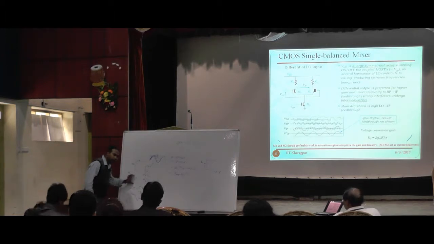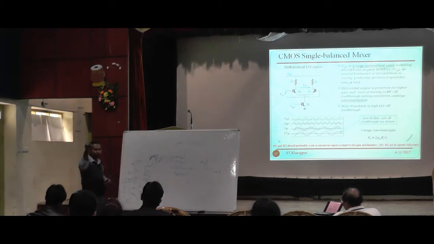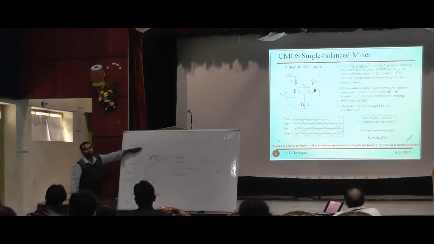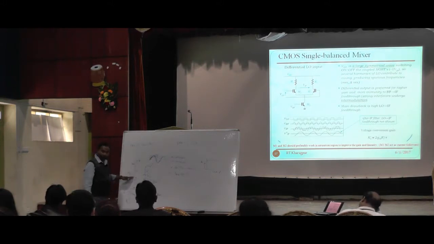But this depends on how much voltage drop it is going to get. When it is fully on, is it linear or not? Of course it is linear, because that time VDS should be greater than VGS minus VT, and VGS is so high that the condition is difficult to satisfy. So VDS will be so low, which means the transistor will be in the linear domain.